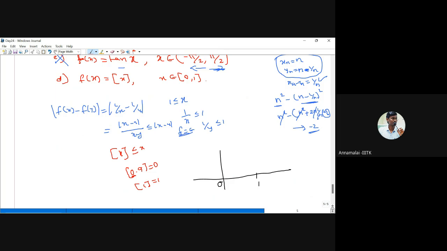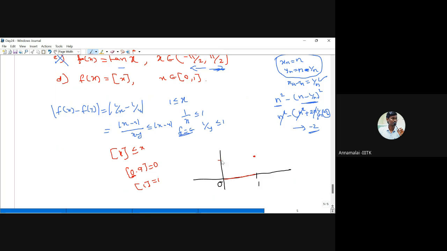So the graph is 0 up to this point, but for 1 it goes to 1. Therefore, the function is not continuous at the point x equal to 1, because at x equal to 1 it jumps to 1, but all other values take 0. For x equal to 1, the integer part of 1 is 1.